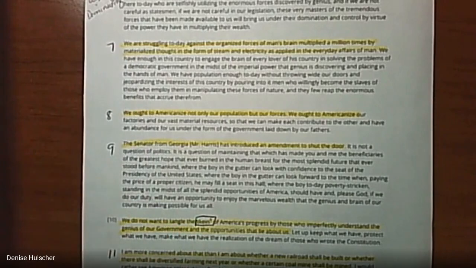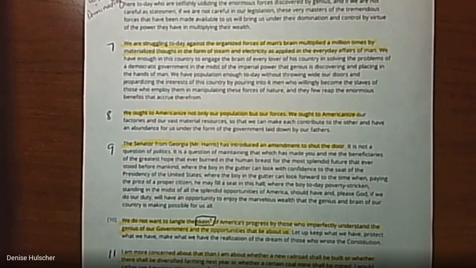We are struggling today against the organized forces of man's brain, multiplied 1,000,000 times by materialized thought in the form of steam and electricity as applied to the everyday affairs of man. We have enough in this country to engage the brain of every lover of his country in solving the problems of a democratic government in the midst of the imperial power that genius is discovering and placing in the hands of man.